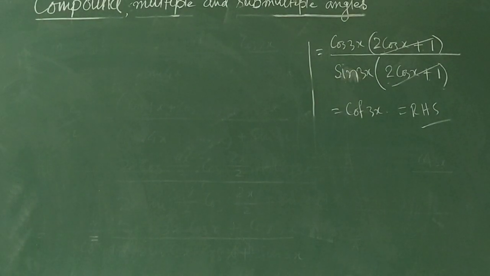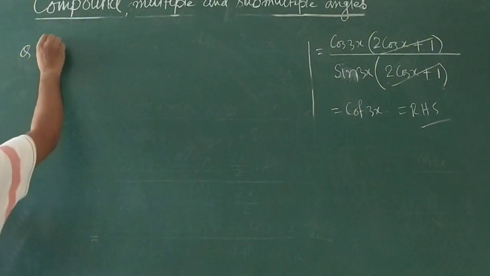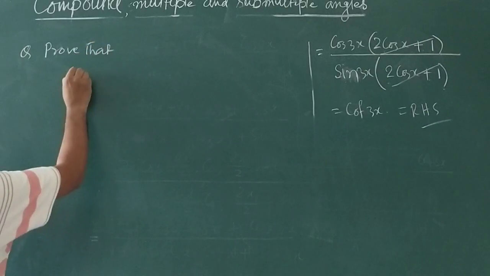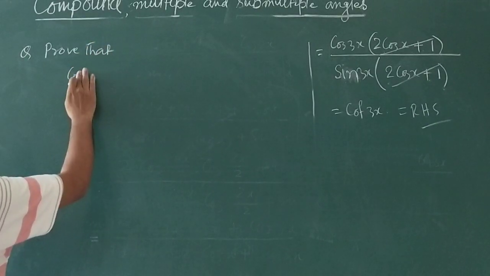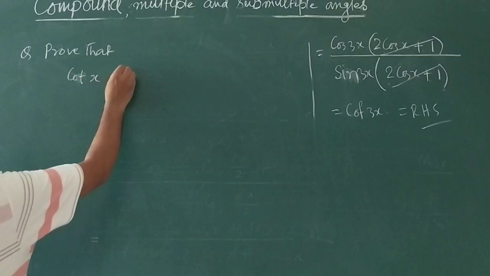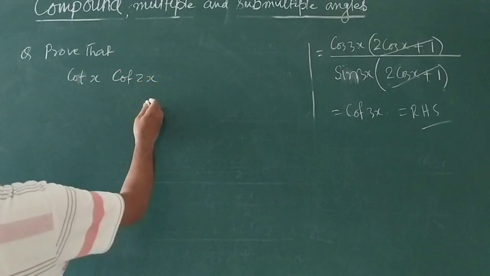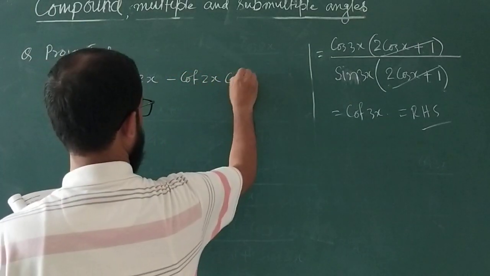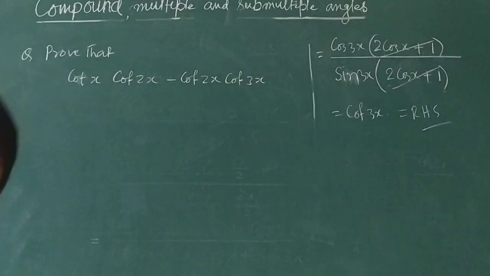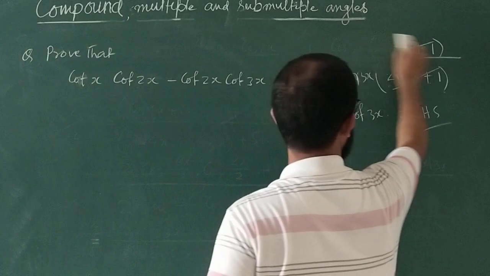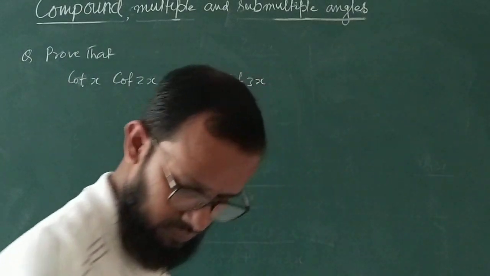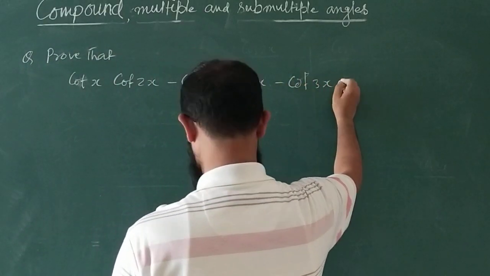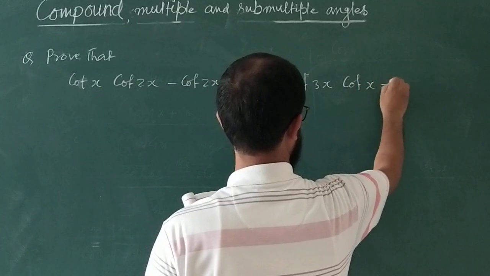So another question, suppose you are going to prove that cot x into cot 2x minus cot 2x into cot 3x minus cot 3x into cot x equal to what? 1.